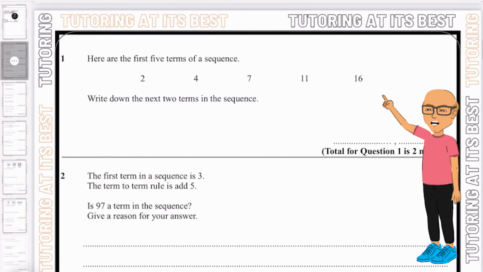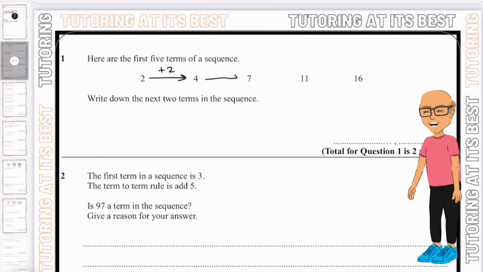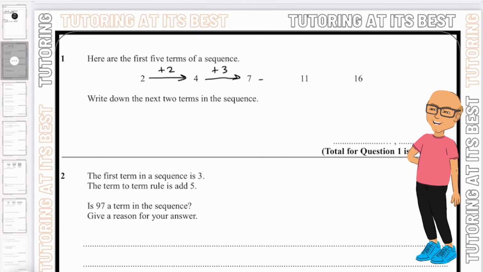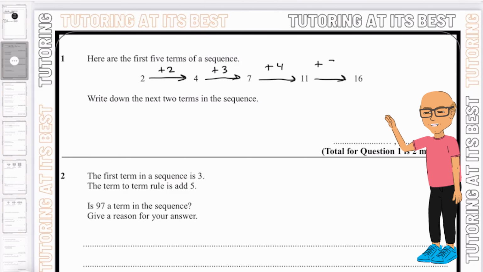Question 1. Here are the first 5 terms of a sequence. Write down the next 2 terms of the sequence. So let's go ahead and calculate the difference. To get from 2 to 4, we add 2, but 4 to 7 is +3, 7 to 11 is +4, and 11 to 16 is +5.